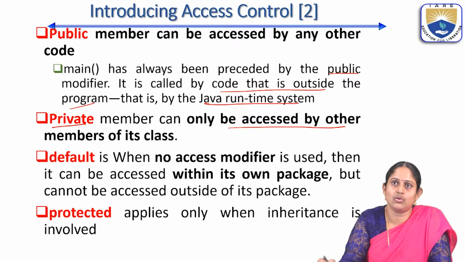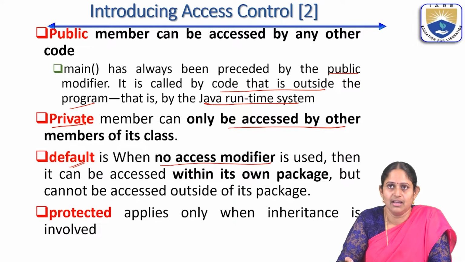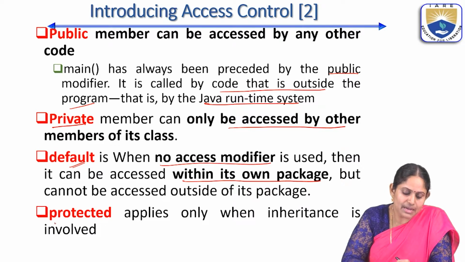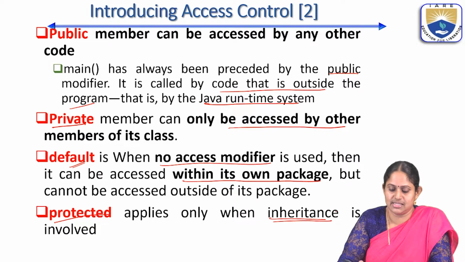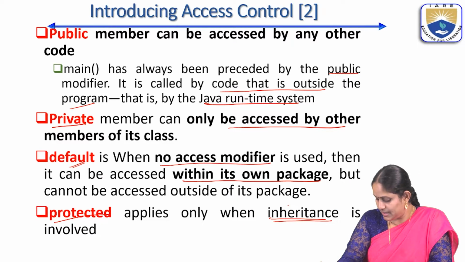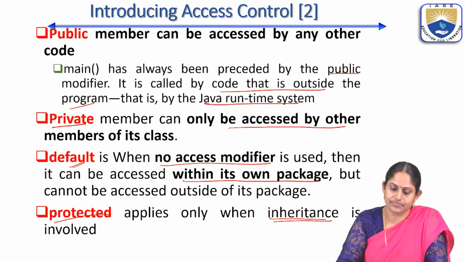Default means it doesn't have any access modifier specified, but it can be accessed within its own package, and it cannot be accessed outside its package. And protected member is applicable when we follow inheritance, and it can be accessed by the child class of that particular class.